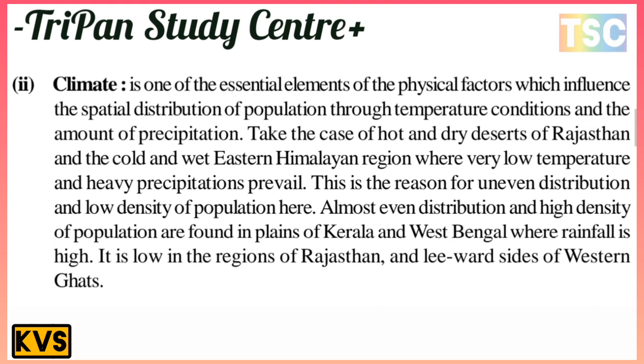Next is climate. Climate is one of the elements of physical factors which influence the spatial distribution of population through temperature conditions and the amount of precipitation. Take the case of hot and dry deserts such as Rajasthan and the cold and wet eastern Himalayan region, where very low temperature and heavy precipitation prevail.